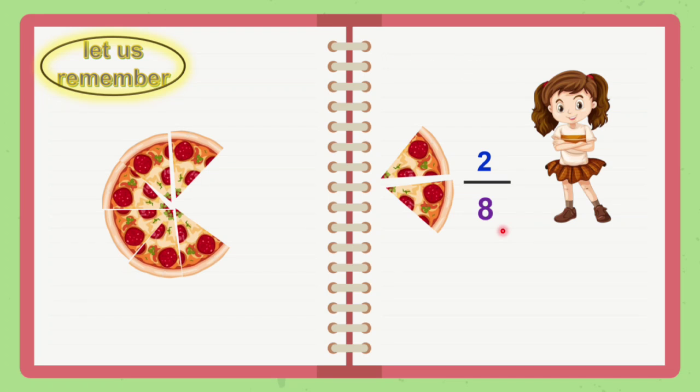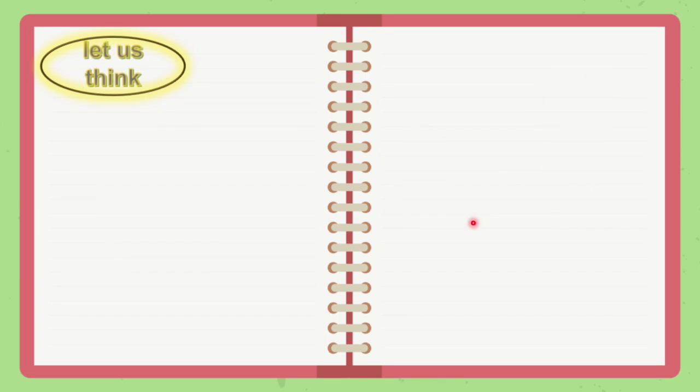Okay, guys, what do you notice about this fraction? We will notice that the numerator here is less than its denominator, right? And this is a type of fraction which is called a proper fraction. So a proper fraction is a fraction whose numerator is less than its denominator. Let's think together.